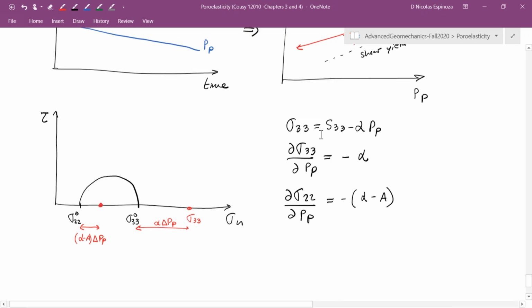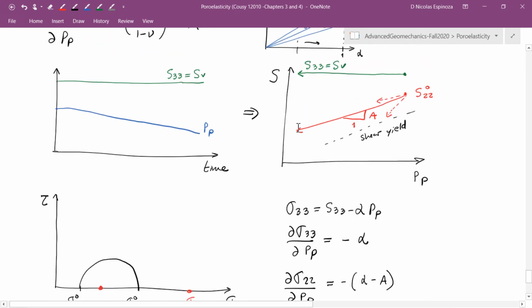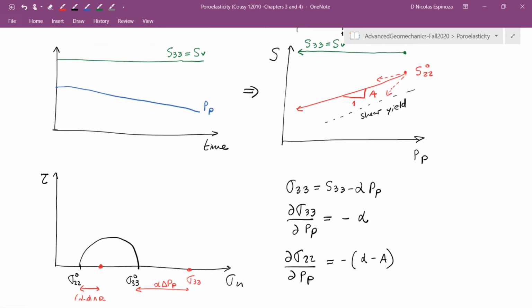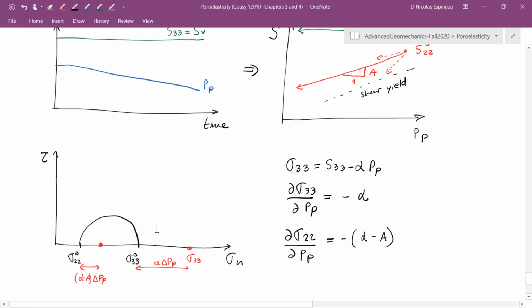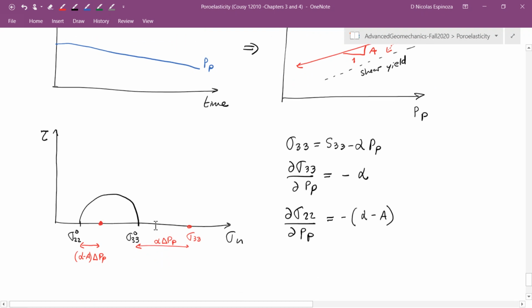The equations tell me that the effective horizontal stress is going to increase. We saw before that the total horizontal stress is going to decrease. But remember that the effective horizontal stress is going to increase. And the new Mohr circle, therefore, is going to move to the right.